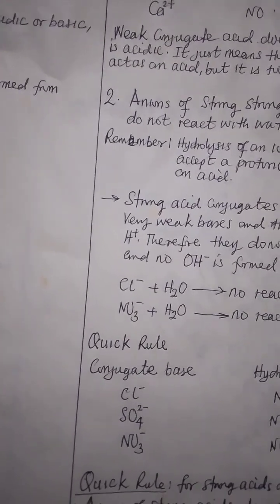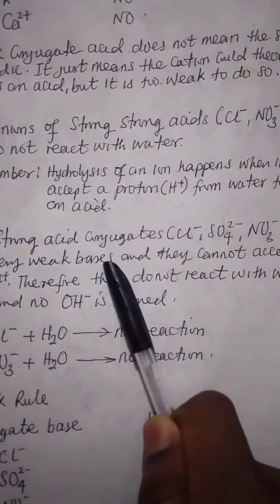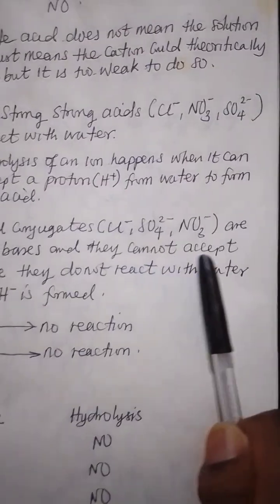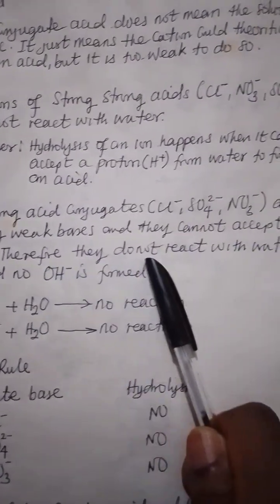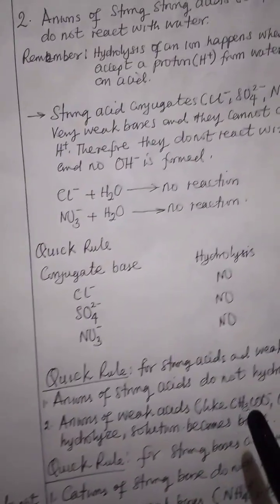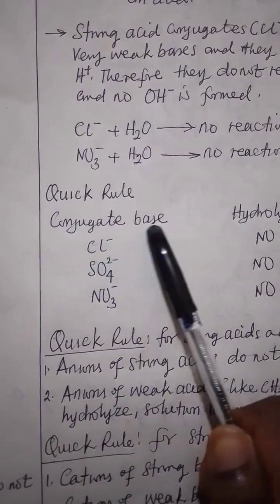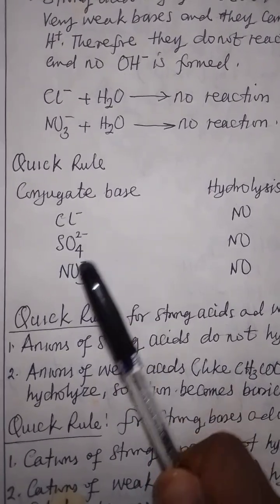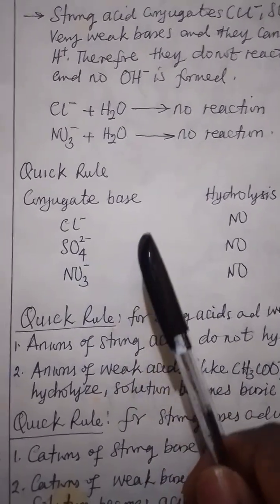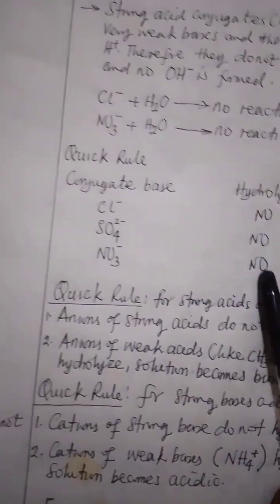And these form very weak bases, and they cannot accept H+. Therefore, they do not react with water. Let's look at the quick rule. The quick rule, conjugate base, Cl minus, SO42 minus, NO3 minus. Of course, they do not react with water, so no hydrolysis.